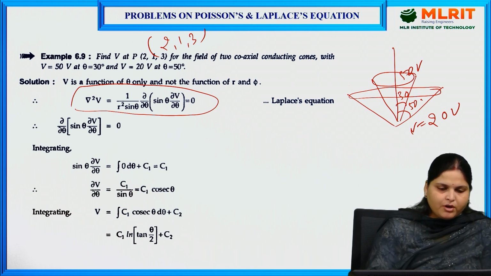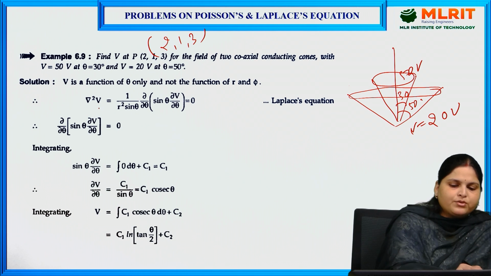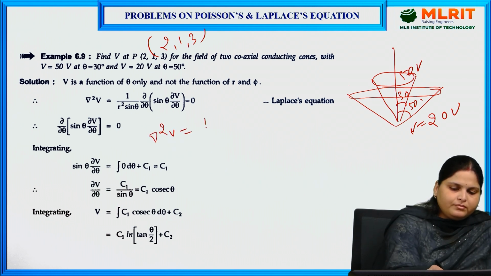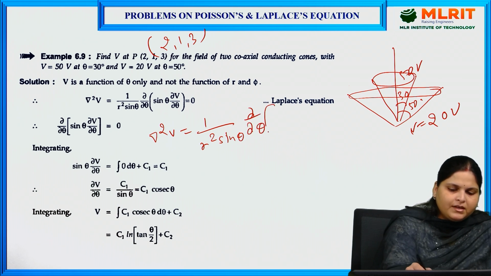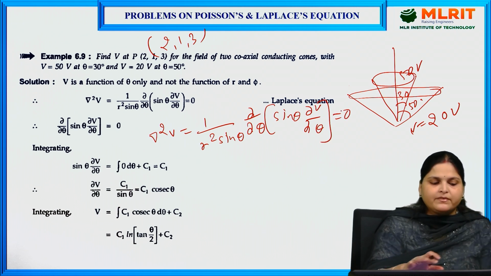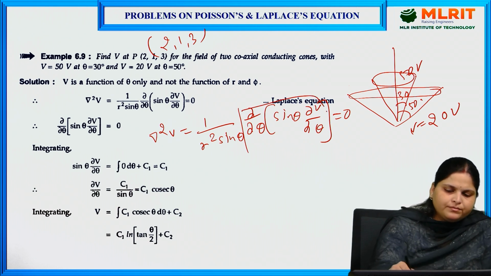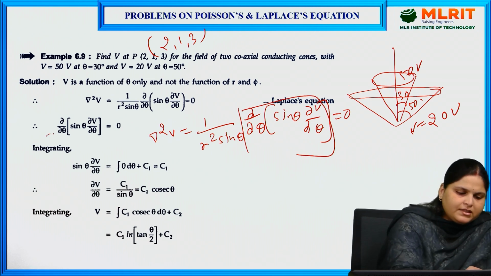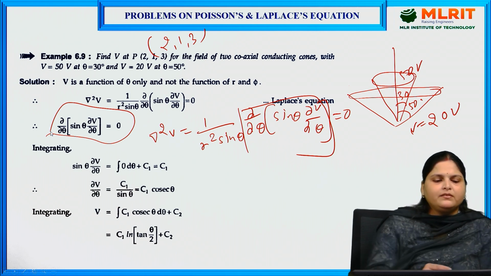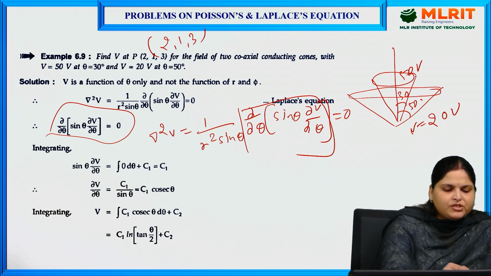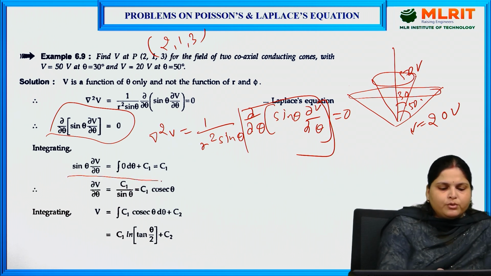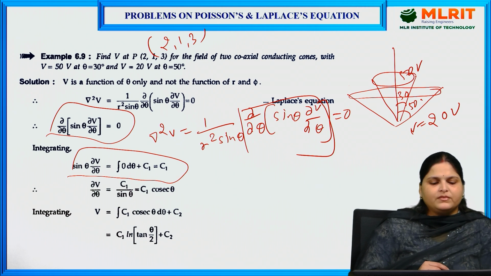So we can write this formula as del square V equals 1 upon r square sine theta, dou by dou theta of sine theta dou V by dou theta, equals 0. Here we integrate and get sine theta dou V by dou theta equals C1.